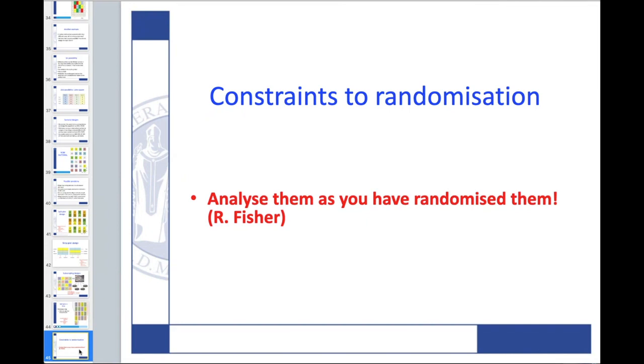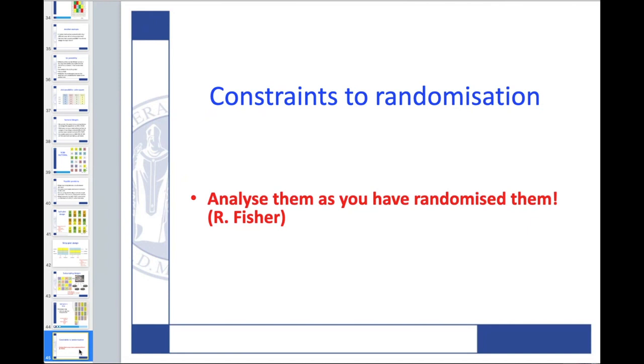But we have seen that complete randomization might not be useful, might not be handy, might not be precise enough. Therefore, we are allowed to put constraints to randomization, but we need to respect, again, Fisher's recommendation.